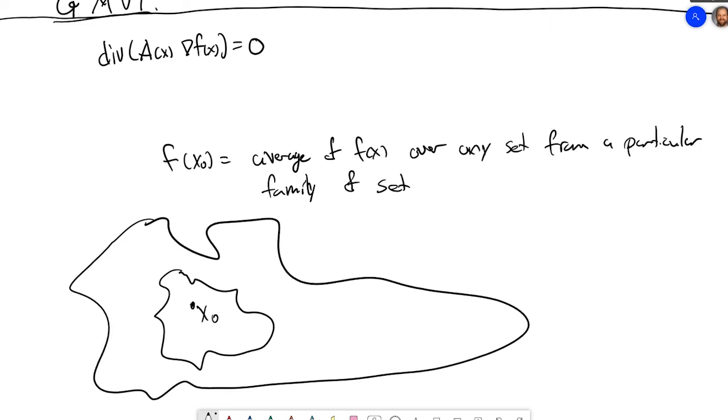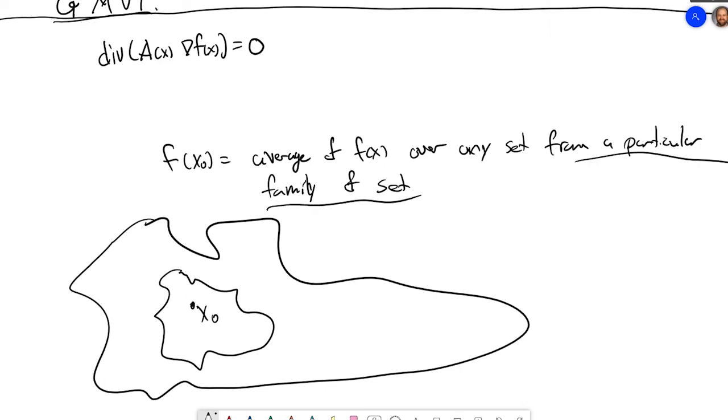Now it looks something like this. And that lies the problem with this generalized mean value theorem, and really where my research comes in. It's very similar to the original mean value theorem, and it can be just as powerful when we want to study questions about, say, regularity of these generalized harmonic functions. But what we have to get a better handle on is this "from a particular family of sets."